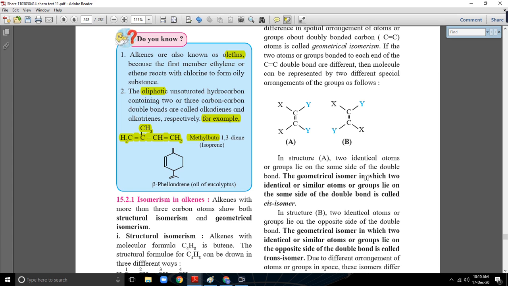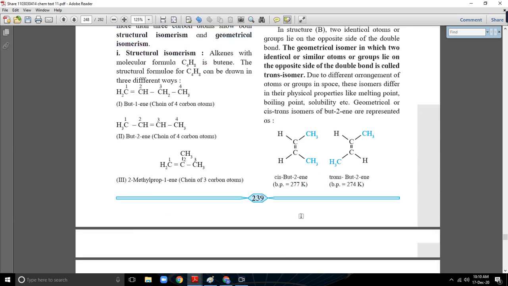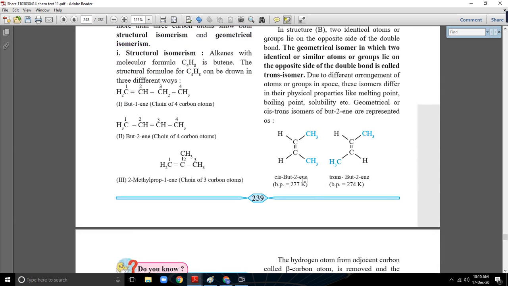Geometrical isomers in which 2 identical or similar atoms or groups lie on the same side of the double bond are called cis isomers, and those in which they lie on the opposite side are called trans isomers. See the example: cis-butene, trans-butene.